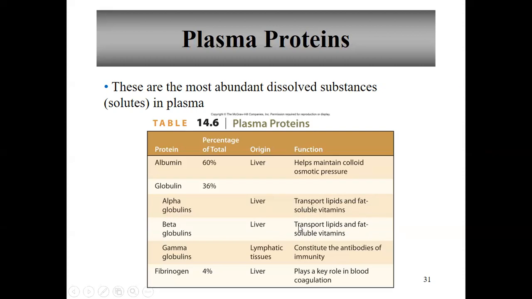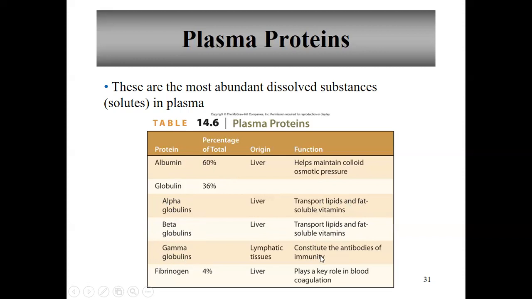And fat and water don't mix. So in order for these lipids and fat-soluble substances to get from one place to another in the body, they have to attach to proteins. Some will attach to alpha globulins, some to beta globulins, and many will actually attach to albumin in the blood to be transported from one place to another.